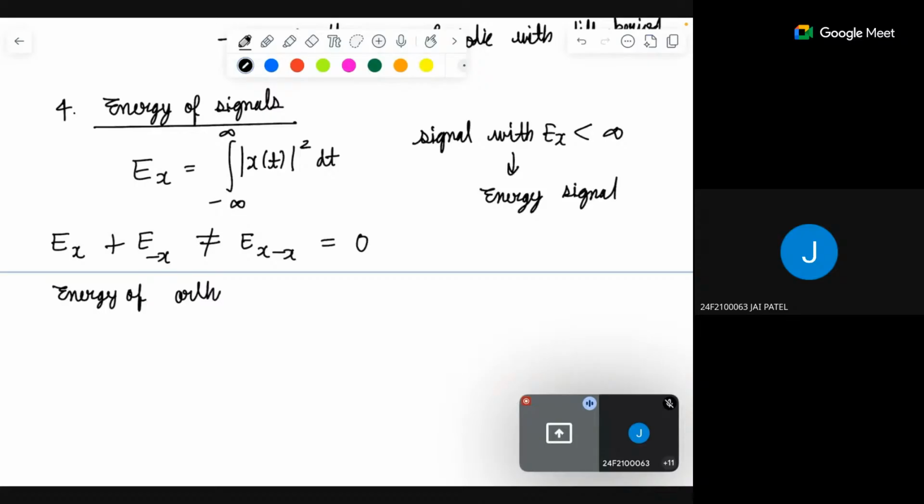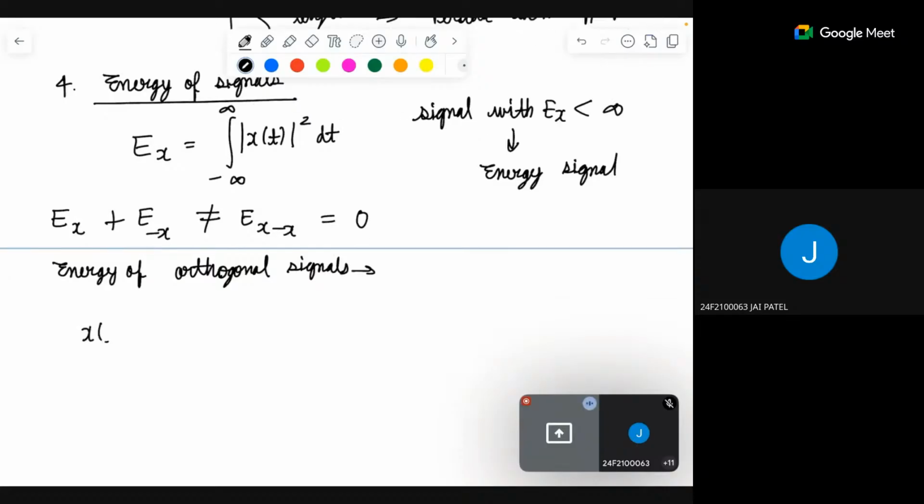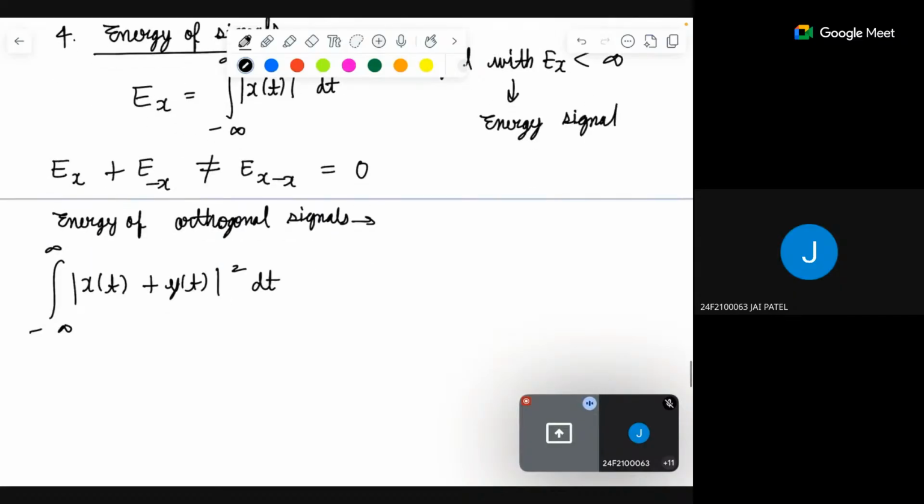But when we talk about orthogonal signals, then we have this formula. Energy of orthogonal signals. Suppose we have one signal x(t) and another signal y(t). We find the energy of their sum, and we can expand it in the following way.